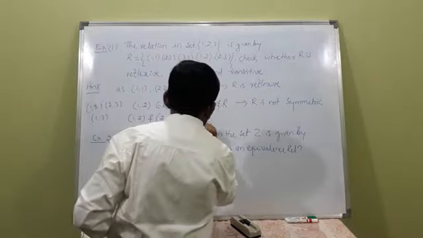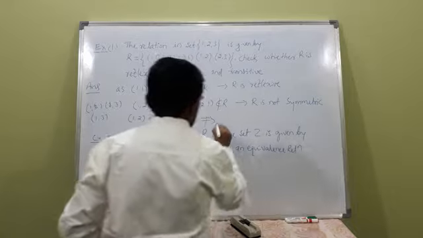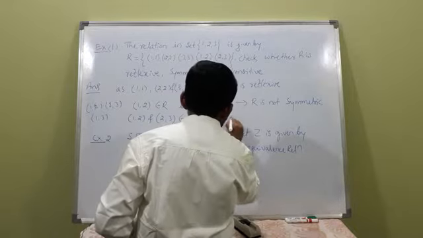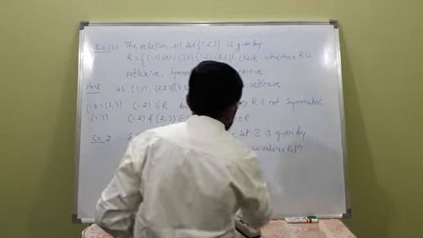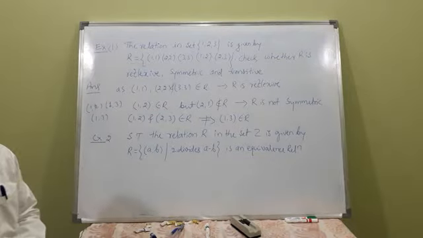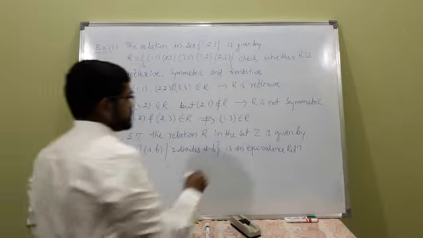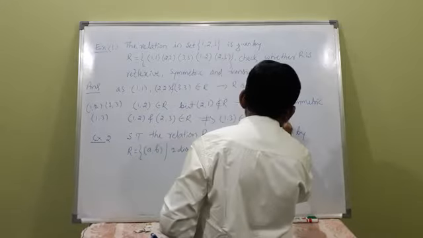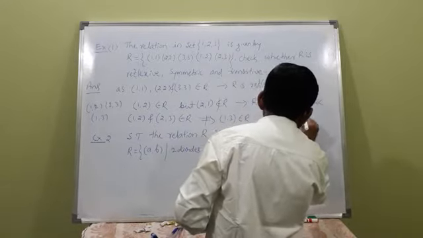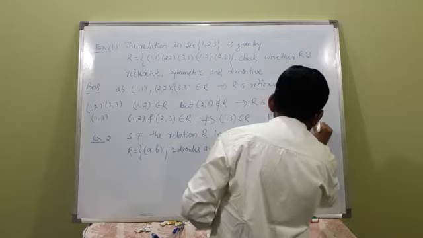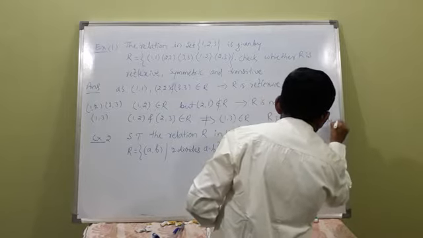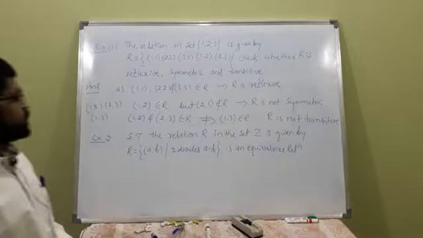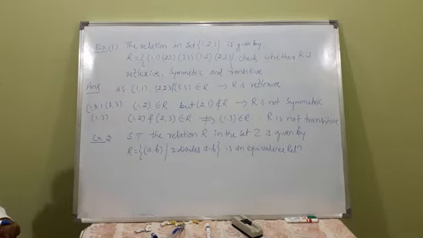This does not imply (1,3) is an element of R. Therefore, R is not transitive. Okay, you got it.